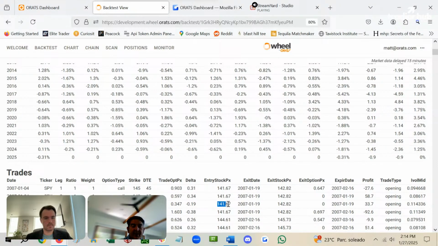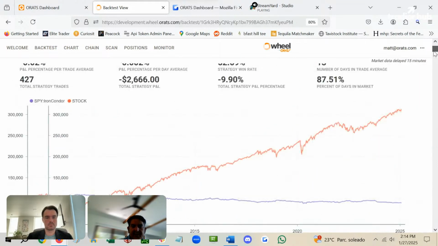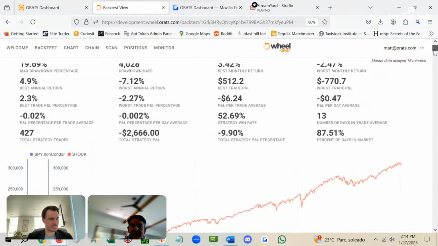The money at that point, way back in 2007, was 141, and so we purchased a put at 141. Actually, that's a little bit more in the money. And then we did this diagonal and set it up, and it didn't look too good on its own.